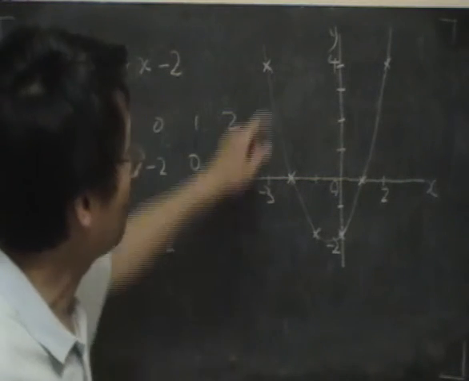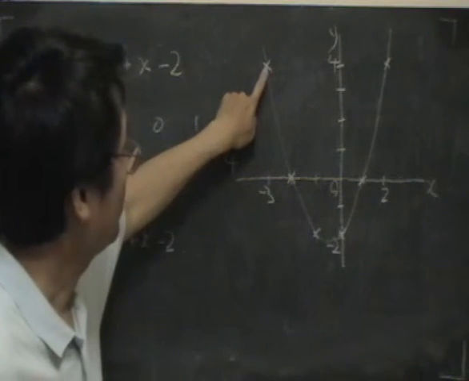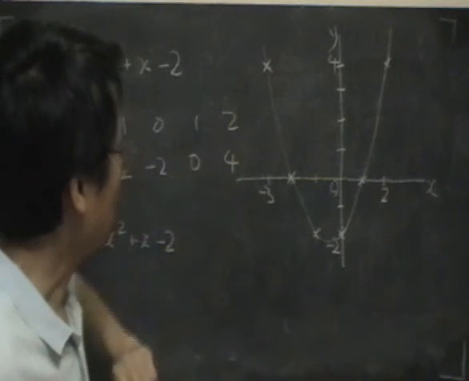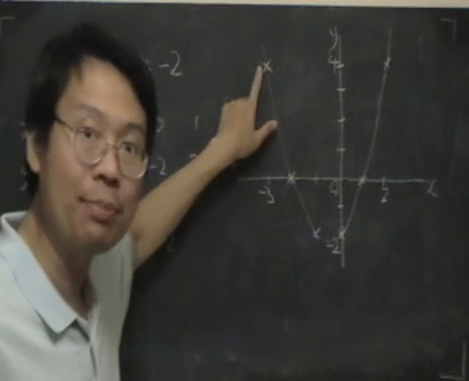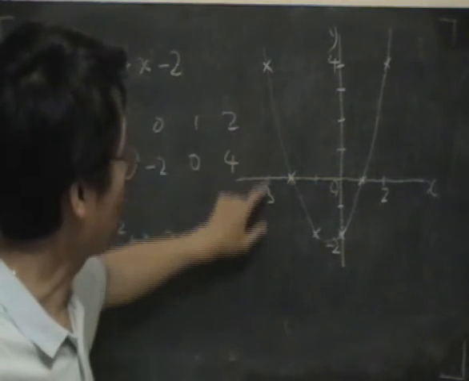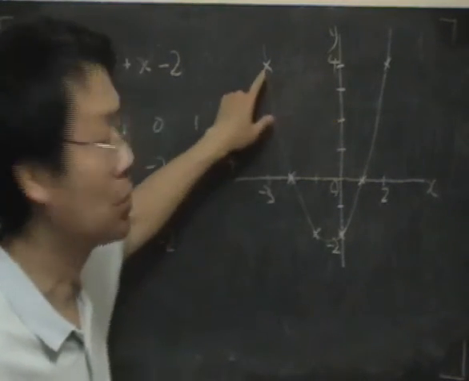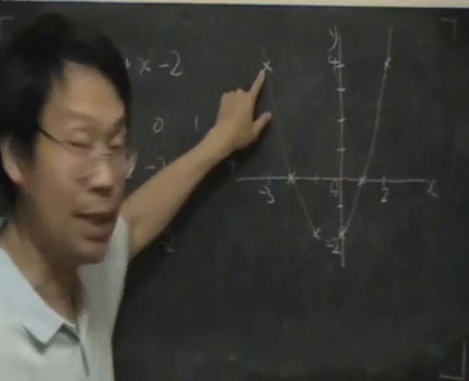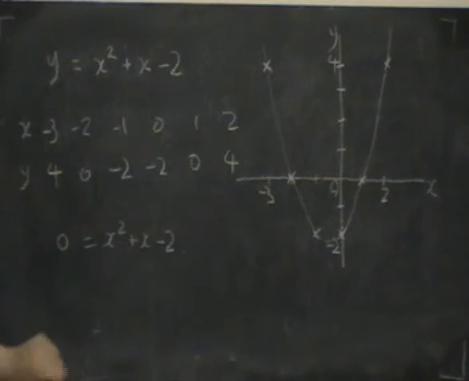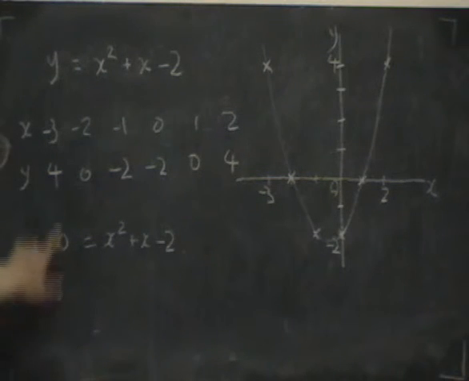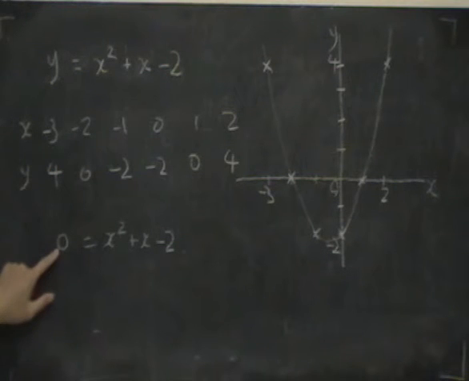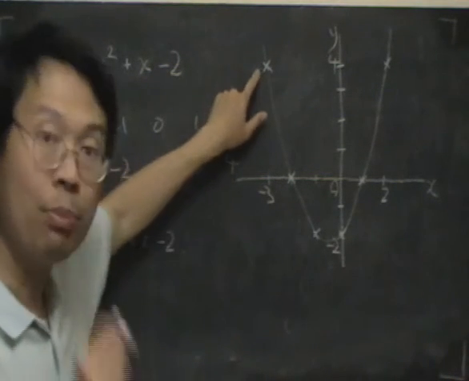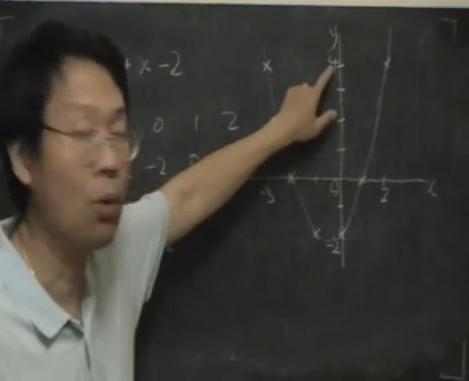Now let me just start with that point. There. We know that point, we plotted it using -3 and 4. So at that point, we know that the x is -3 and the y is 4. But that's not the point we want. We want a point when the y is 0, but on that point, the y is 4.